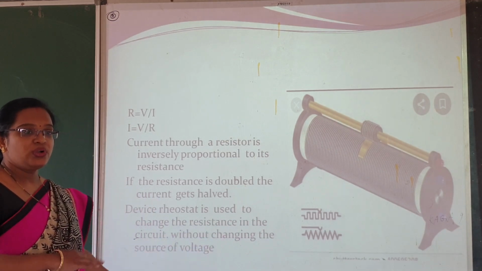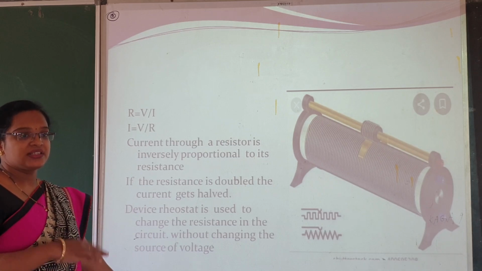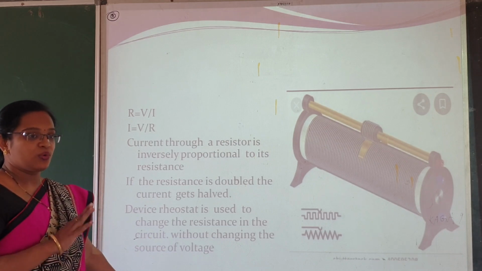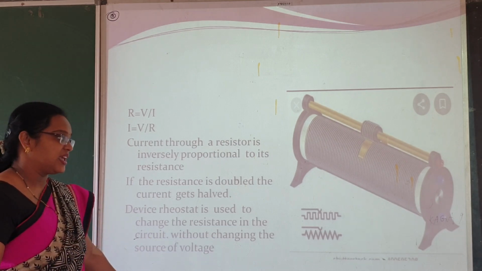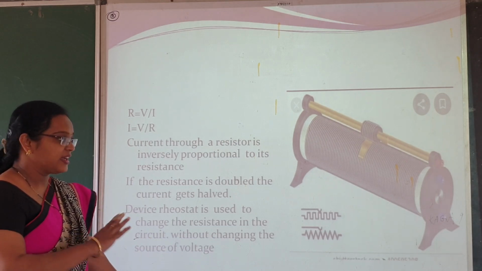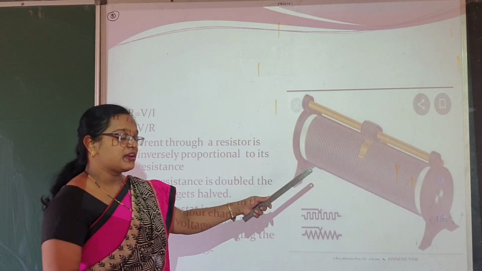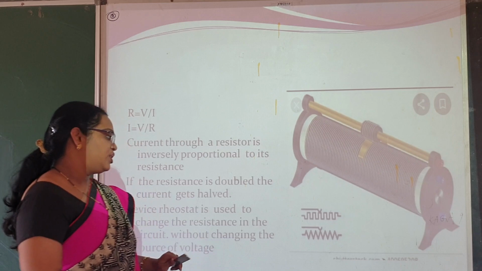That means if you change only the resistance, the current value will change. Without changing the voltage, the battery remains the same, only we want to change the current, meaning we want to give opposition for the flow of current. That will be done by this rheostat.